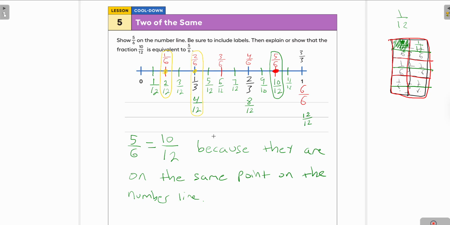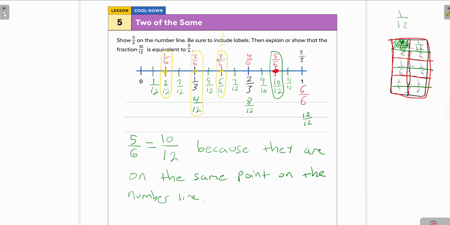Any other equivalent fractions? Yes, that's right. These two right here, 3/6 and 6/12. And I hope you can see that this is the half point. That means that this is also equivalent to 1/2. This is the same as 1/2 right here.